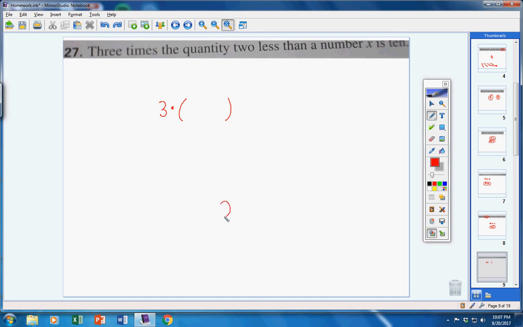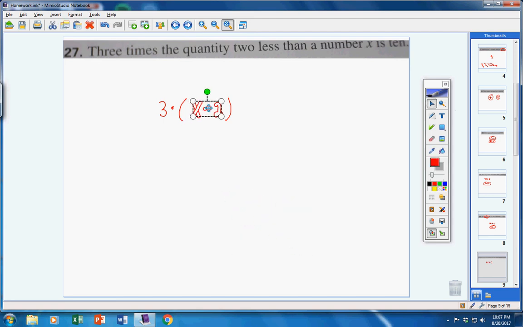That does not mean this. That is not 2 less than x. Okay, this is 2 less than x. Because 2 less means you're taking 2 away. So 2 less than a number x is x minus 2.